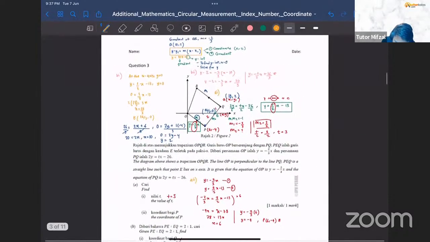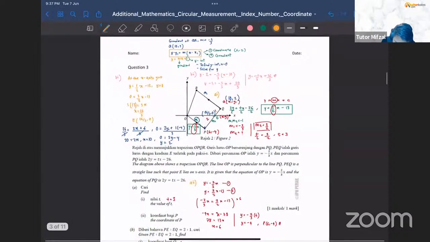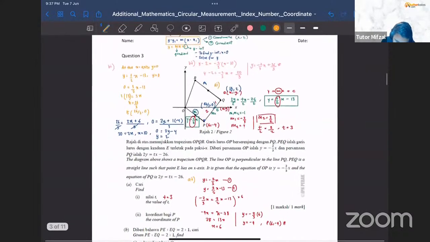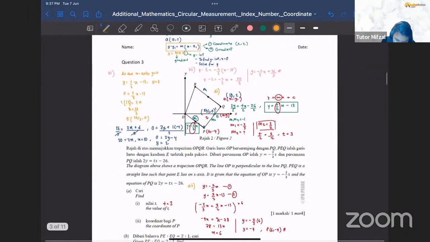So you guys can have a look at it and ask me question if you guys want to ask me anything lah. So coordinate geometry dia tak banyak formula, but you need to know how to use the formula lah. Formula ni sikit je, tak banyak.